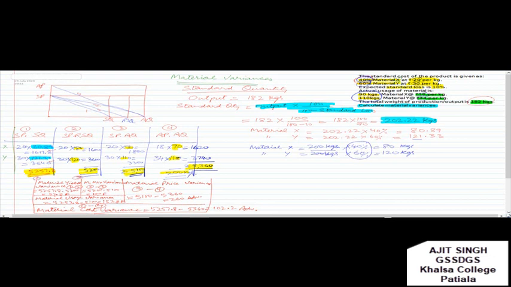All these calculations are to be based on the calculation of 4 lines, and the 4 lines are: standard price into standard quantity, then standard price into revised standard quantity, third line is standard price into actual quantity, and fourth one is actual price into actual quantity.